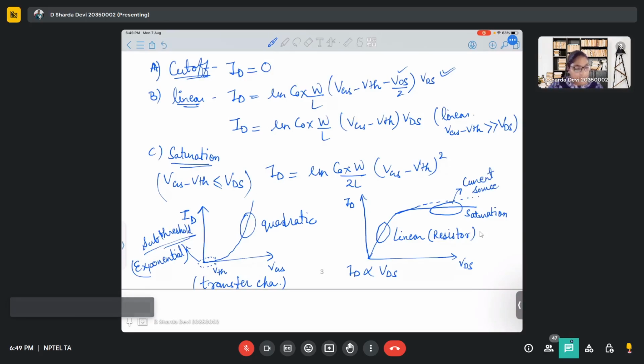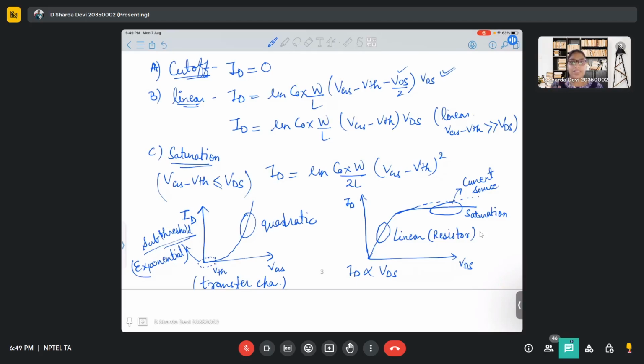So in this region, we consider it as a current source. So in a MOSFET, in the linear region, it acts as a resistor, or in saturation region, we use it as a current source. In amplifiers, we use saturated transistors. So in amplifiers, we use the current source model.